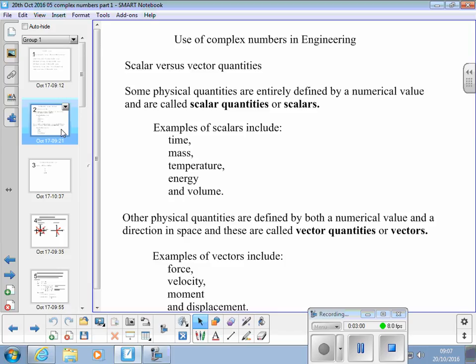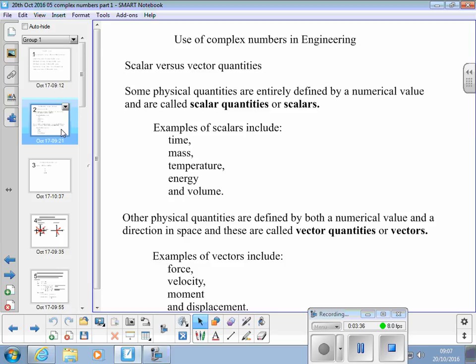You can define speed in its scalar form just by saying how fast you're going, but to fully define it you need to change it to a velocity and say it is a speed in a particular direction, like east or west or northeast. Examples of vectors include force, velocity, moment, displacement. We could add acceleration, because that has a direction as well.